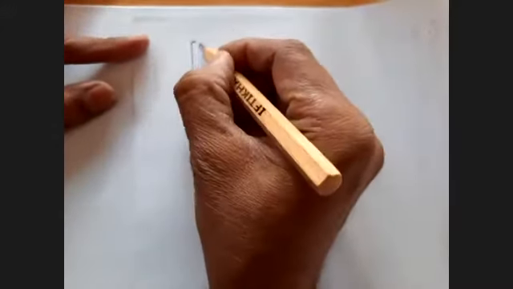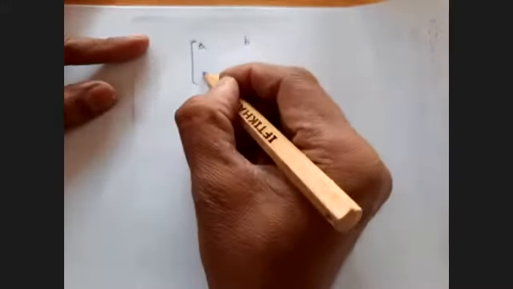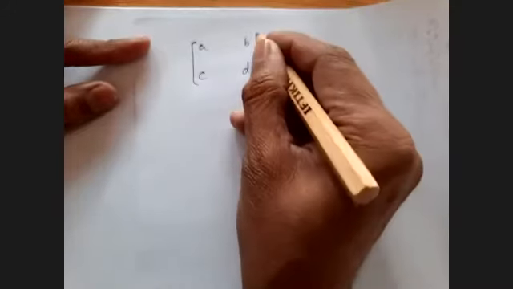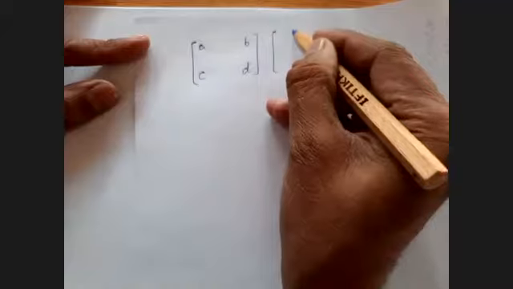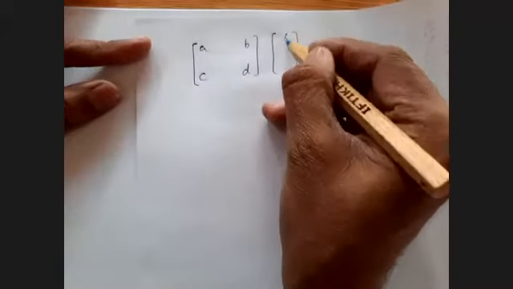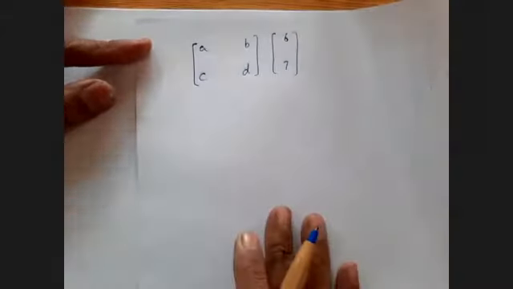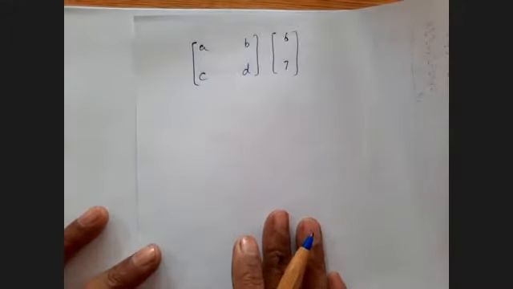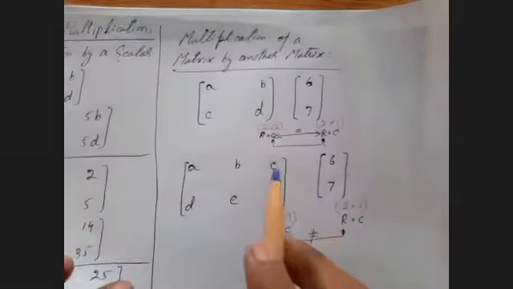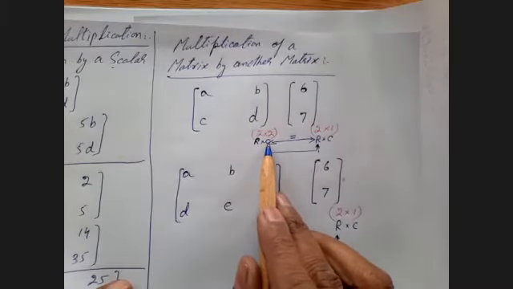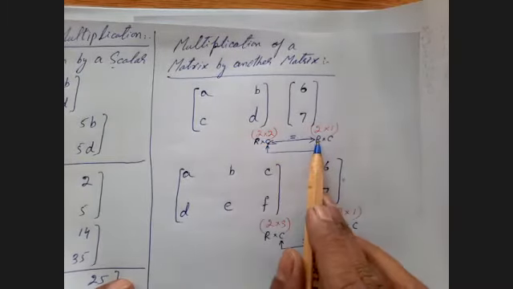Look, I have a matrix like A, B, C, D. These are the 4 elements in this, and here another matrix in which I showed you 6 and 7. Now you can see, as I told you in the first case, that the column of the first matrix must be equal to the row of the second.